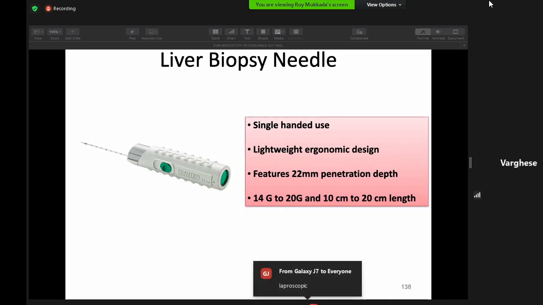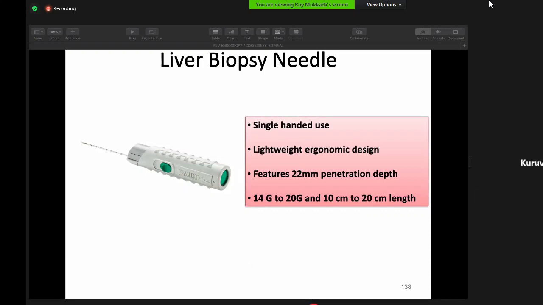Okay, percutaneous you have mentioned. Then you said transjugular. Then you mentioned EUS. Is there any other method available for our colleagues to take a biopsy from the liver? Laparoscopic, sir. Yeah, laparoscopic as well as laparotomy.